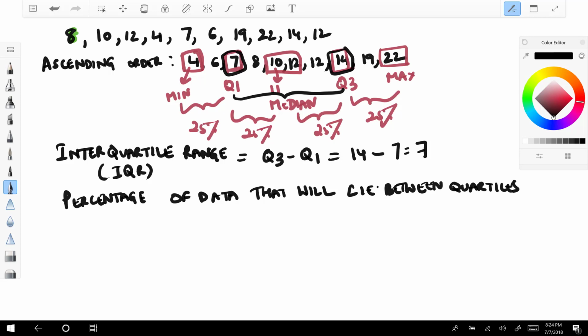So if you see here, the percentage of the data between quartiles is, this is 25% between quartile 1 to median, and between median to quartile 3 is 25%. So the percent of data that lies between the two quartiles would be 50%.